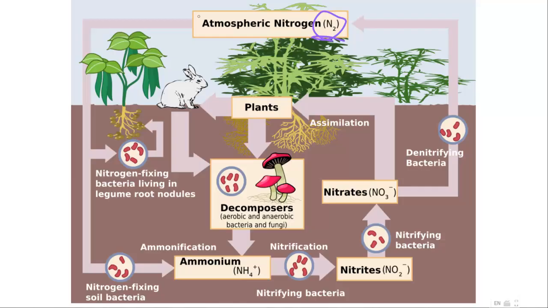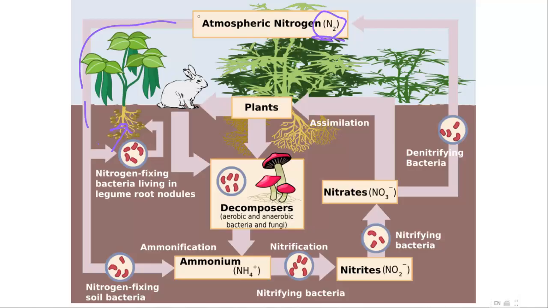So one way for that to happen is for it to be taken up by nitrogen-fixing plants. It's not actually the plants that are doing the nitrogen fixing, but the bacteria inside the roots.